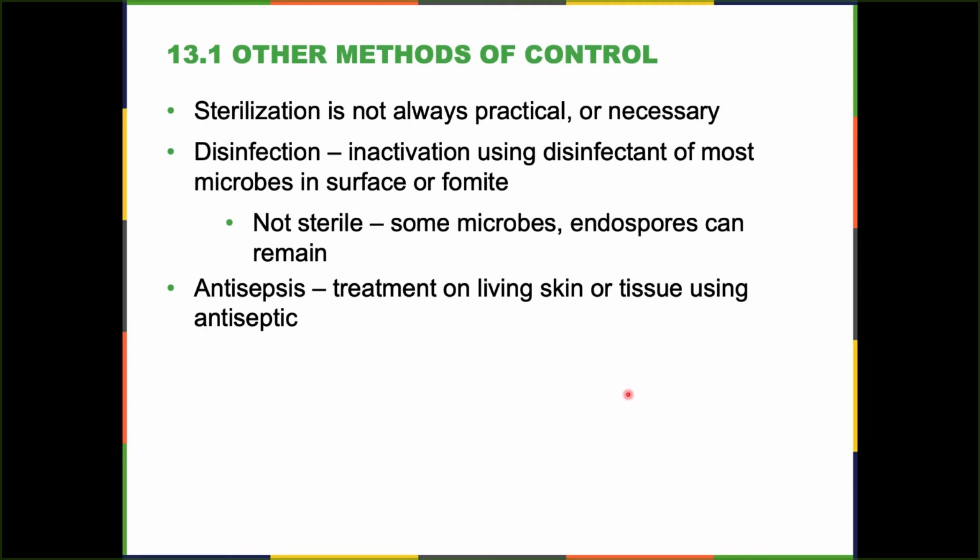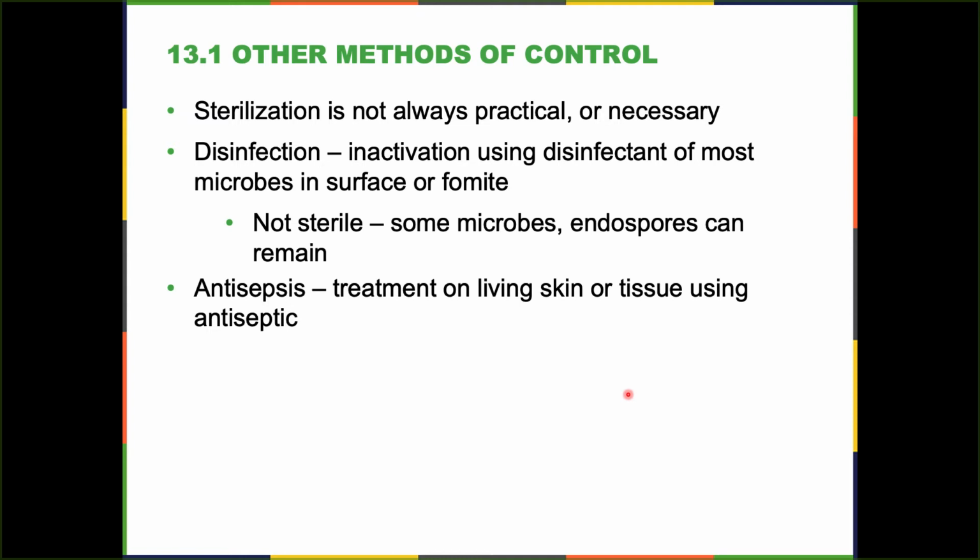Sometimes sterilization is not practical. It's really difficult to do. Sometimes it's not even really necessary, right? Because of the microbes present, there are only some that are really going to cause us some problems, right? So that's where disinfection comes in. Disinfection is using a disinfectant on a surface or fomite with this idea that we want to reduce, quote unquote, most microbes.